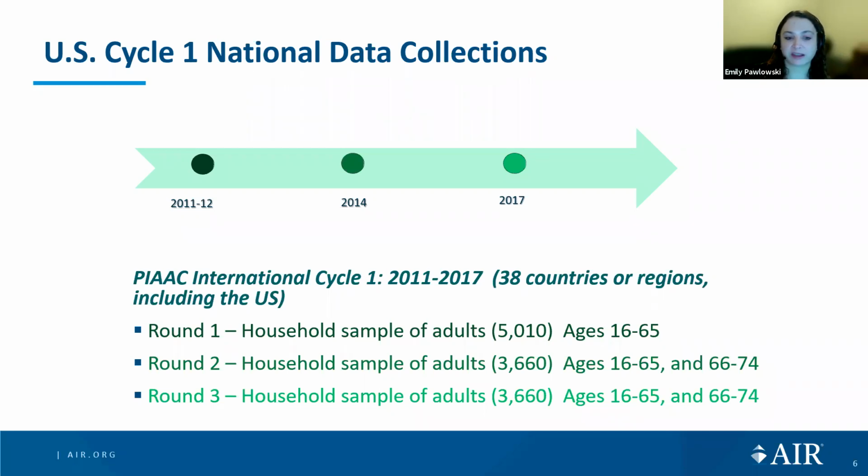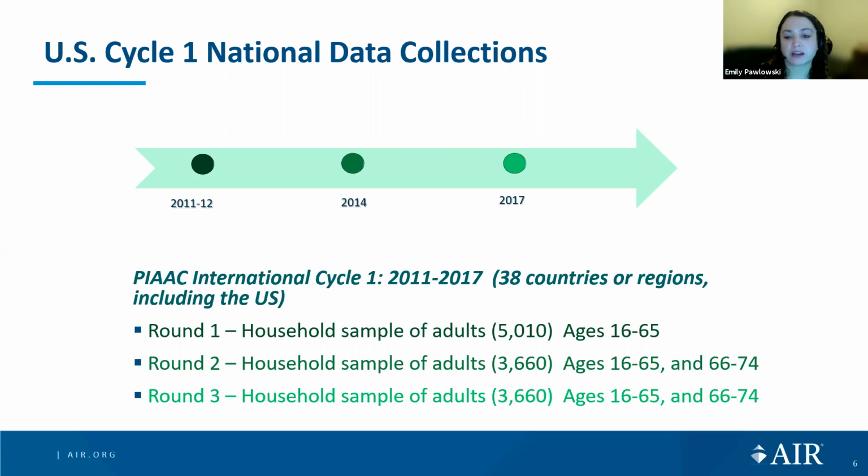But focusing specifically within the US, for the first round of data collection, the US collected a sample of adults and households ages 16 to 65, and there were around 5,000 adults in that first round of data collection. For the second round of data collection, we focused on some specific subgroups of interest. So this included unemployed adults and young adults ages 16 to 34.